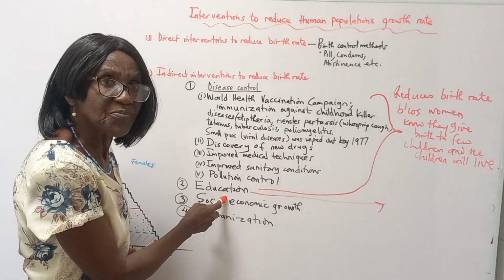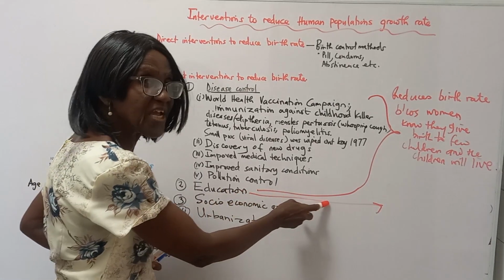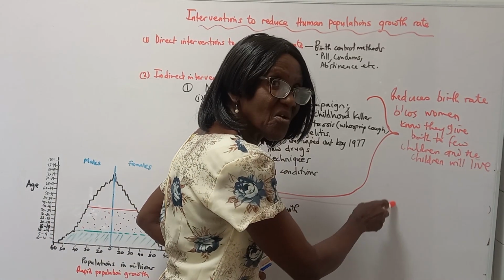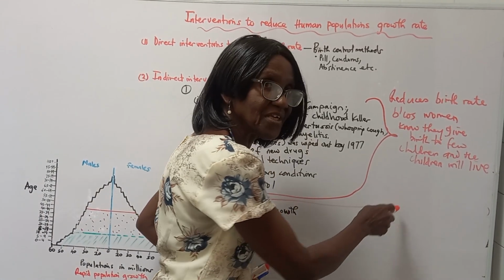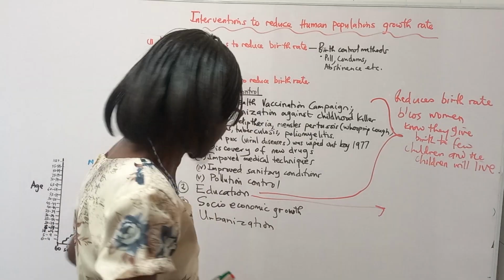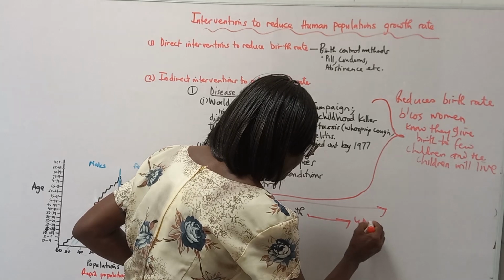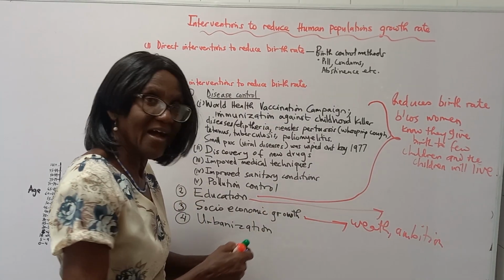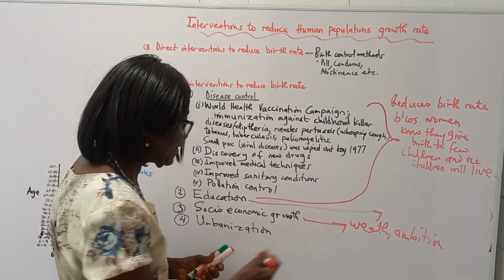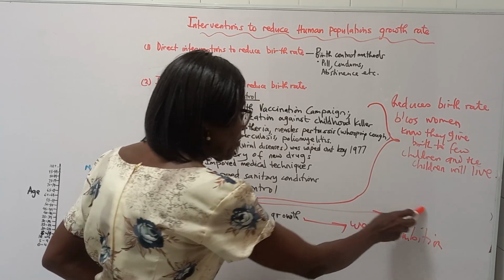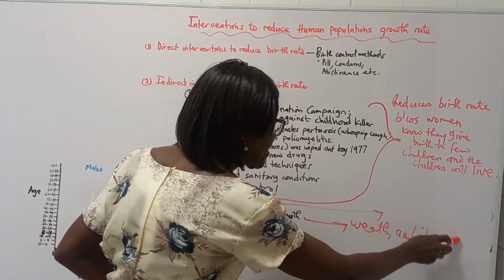Women now spend long years in education, and so they don't have much time to marry or settle and give birth to children, and so it reduces the birth rate. Socio-economic growth: people are chasing wealth, ambition, etc., rather than settling to produce children, and so indirectly it enables people to give birth to fewer children.